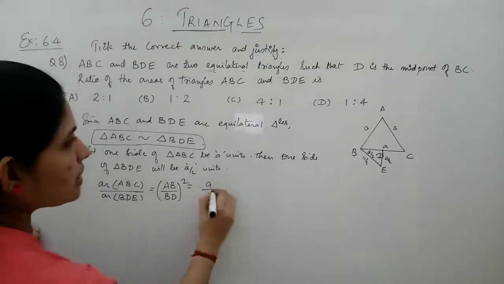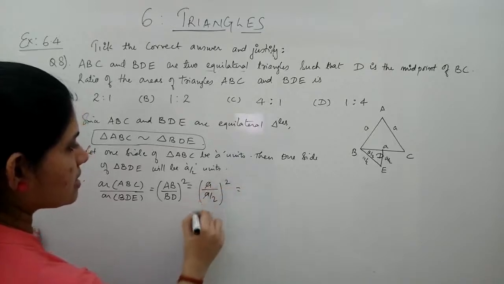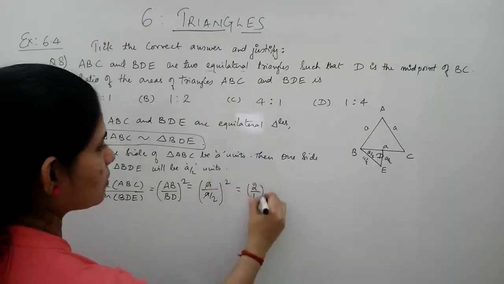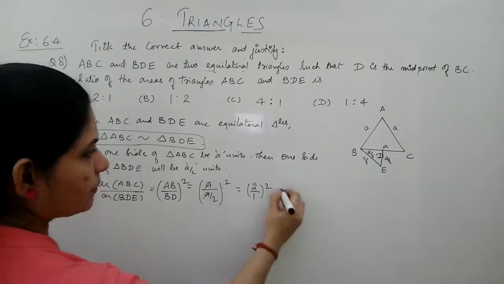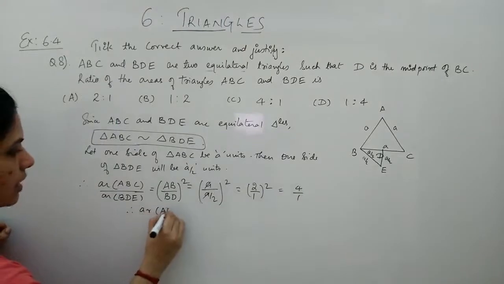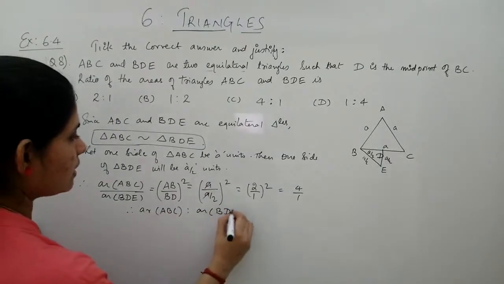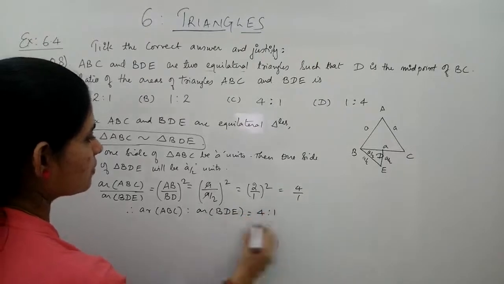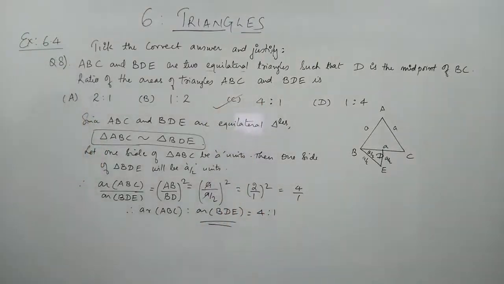A. What is BD? A by 2 the whole square. That is, you can just cancel A, you will get 2 by 1 the whole square. 2 goes up in the numerator, and here nothing means it is 1. So here you are getting 4 by 1. That is, area of ABC is to area of BDE is equal to 4:1. So your option C is correct. Okay.